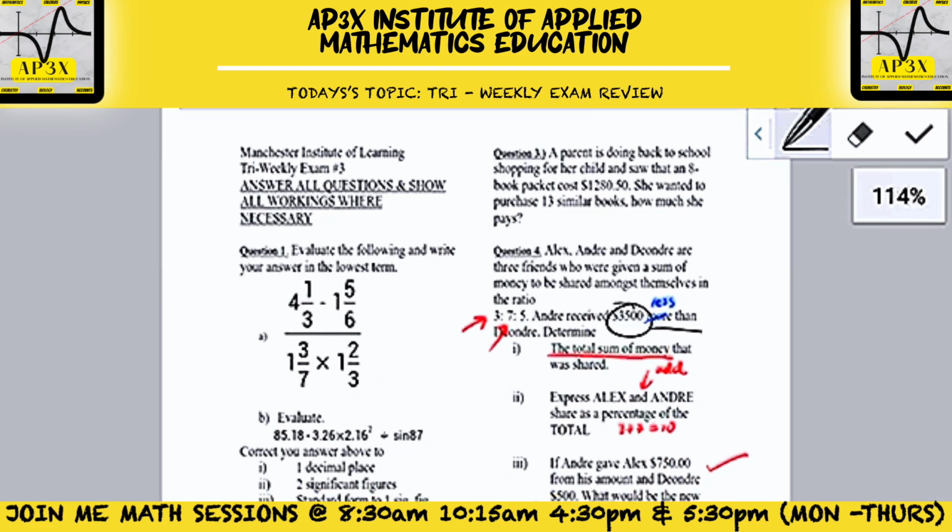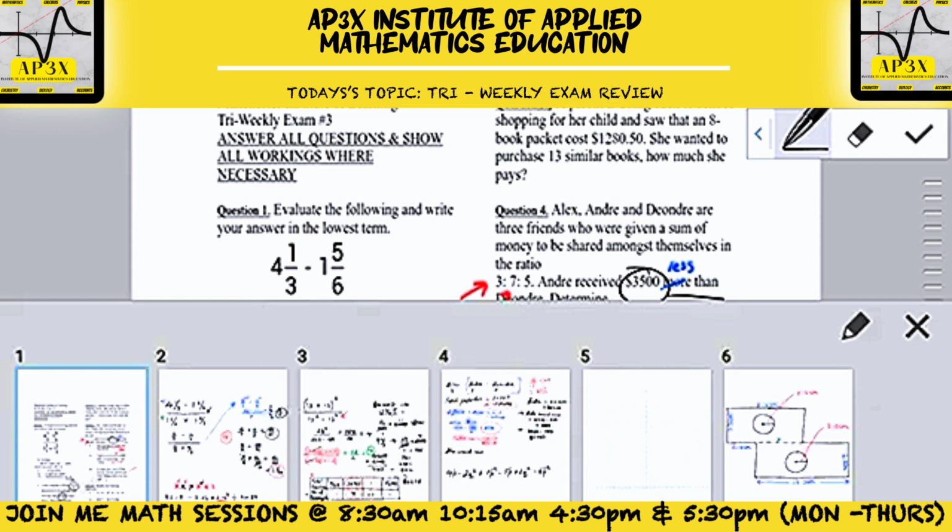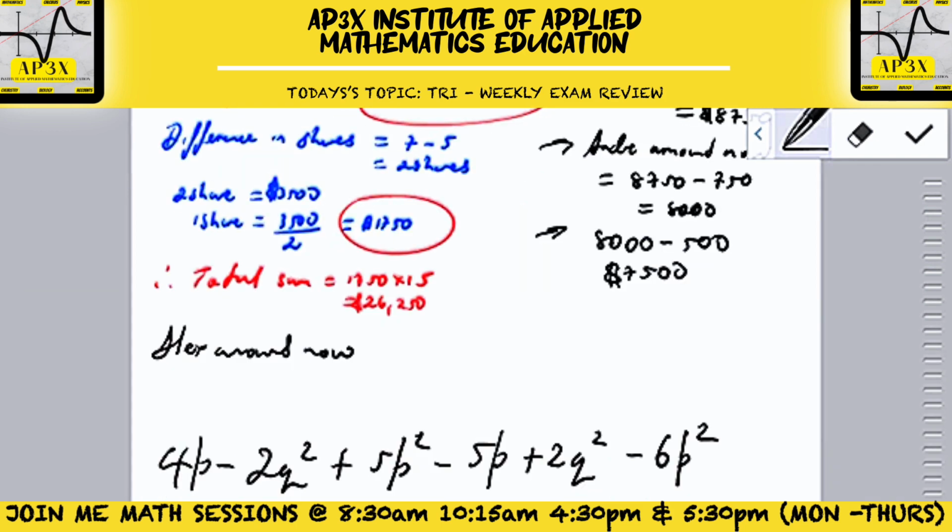Alex would have already had 3 multiplied by 1750, plus we added $750 to his bank. So Alex's original share would have been 5,250, plus Andre just gave him 750, so he now has $6,000.